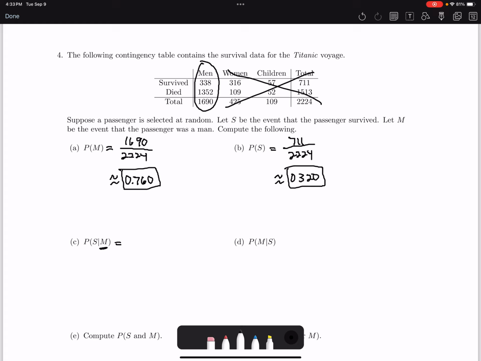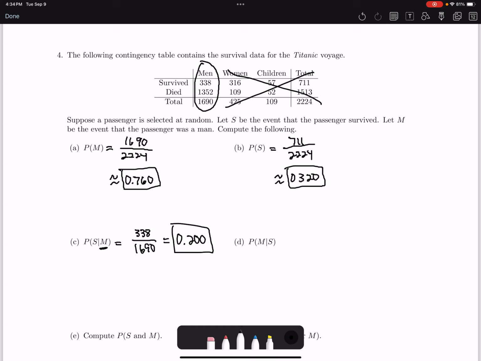And that would be the number of male survivors divided by the total number of men. So if we type 338 out of 1690 into our calculator, that comes out to exactly 20%, which is kind of interesting. I'm just putting a couple extra zeros there to indicate that I've rounded to 3 decimal places, but yeah, that's really interesting.